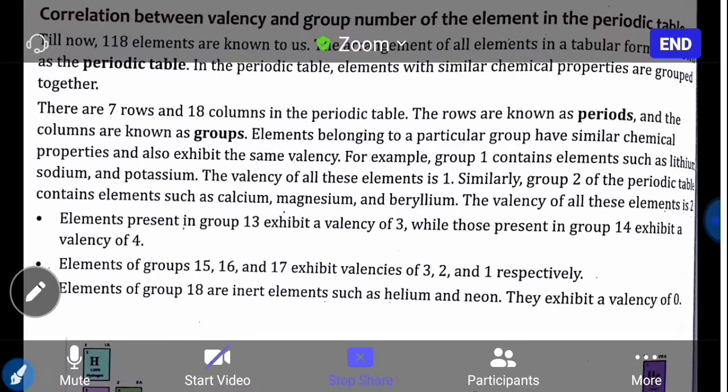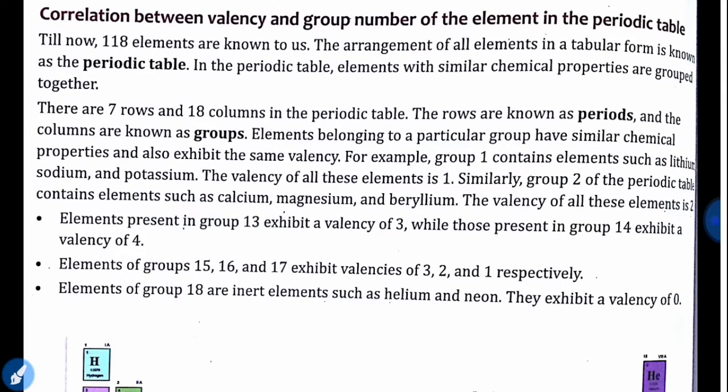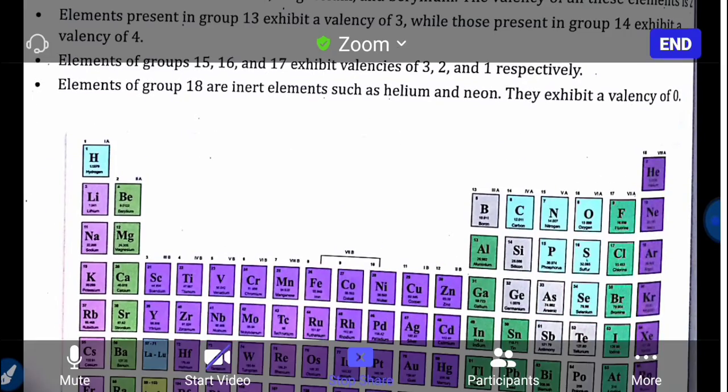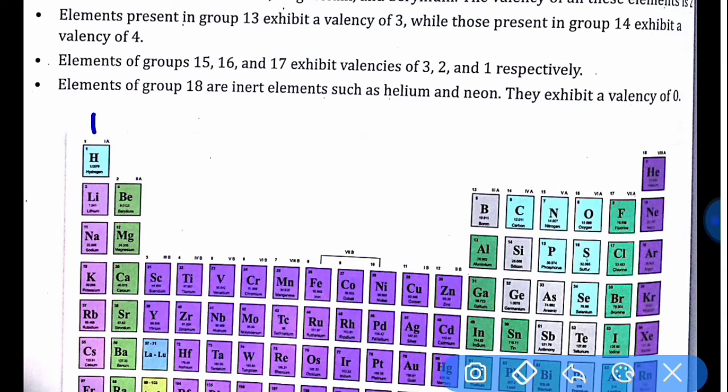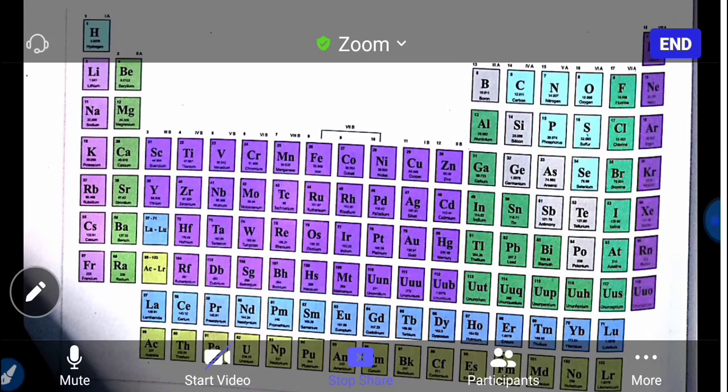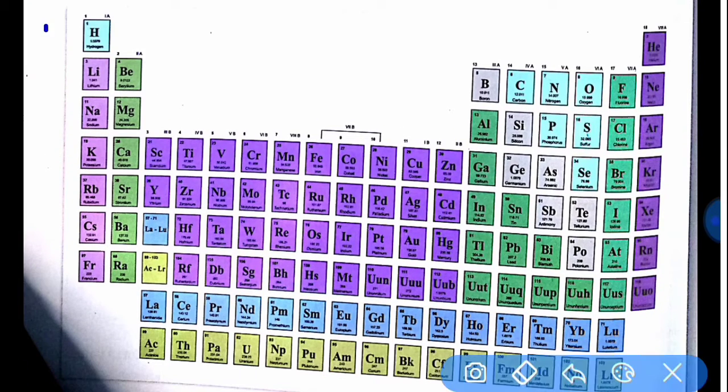There are 7 rows and 18 columns in the periodic table. If you count them, 1, 2, 3, 4, 5, 6, 7, 8, and so on till here, you will find 18 columns of groups, and there are 7 periods, 1 2 3 4 5 6 7.